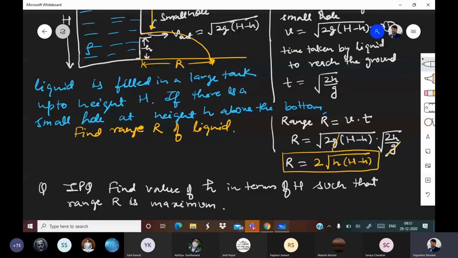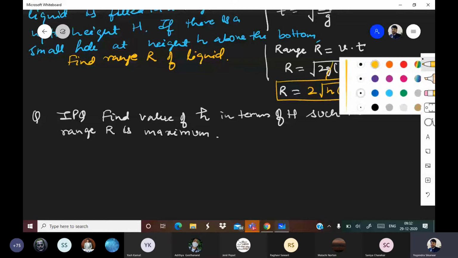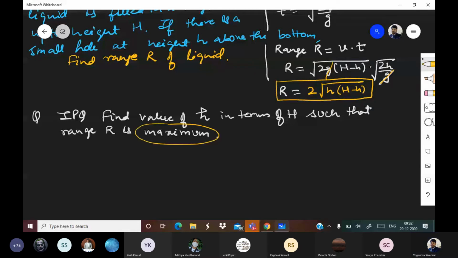Now let me tell you, this question which I have just given you has nothing to do with fluids. It is a simple question of maxima minima. Whenever you hear this word maximum or minimum anywhere, this should click in your mind: I can apply maxima minima.